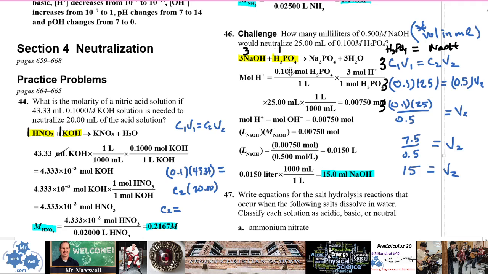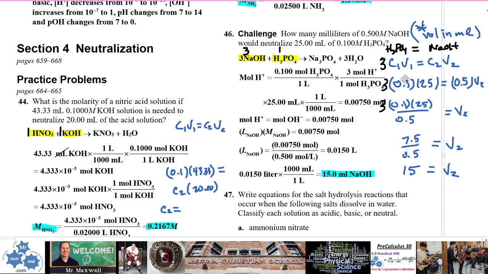That means in order for H3PO4 to neutralize all of the NaOH that's involved here, you need actually 3 times as much of the smaller one to be equal. So you don't multiply the NaOH side by 3, but you multiply the acid side here by 3.